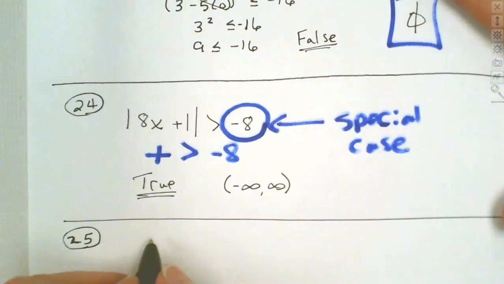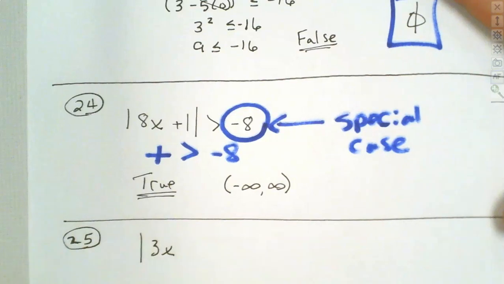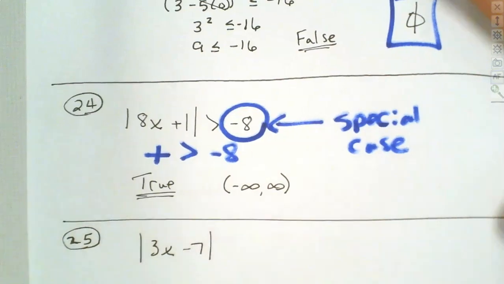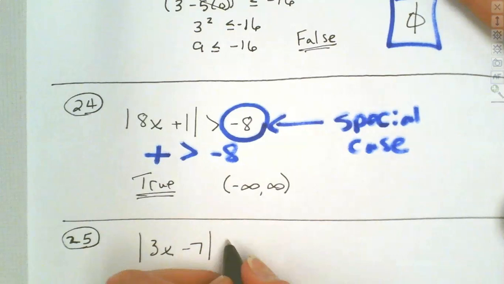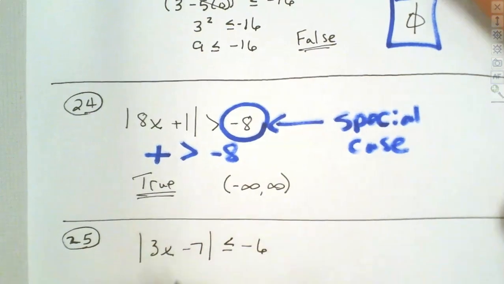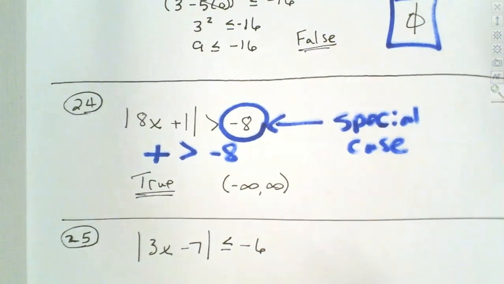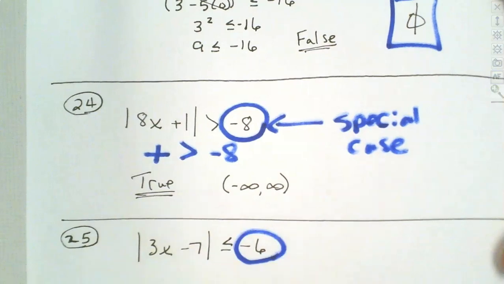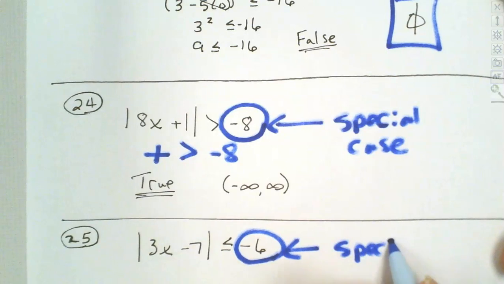What about 25? We've got the absolute value of 3x minus 7 is less than or equal to a -6. Well, what do we know here? We know that this is a -6, so that makes it a special case.